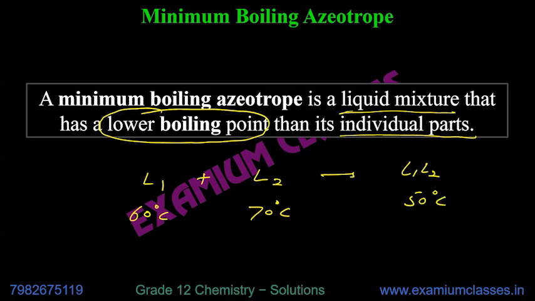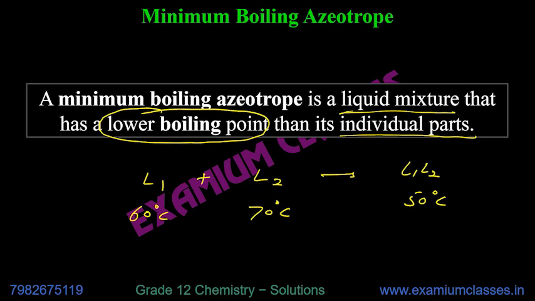So if after mixing, the boiling point goes down, is lower than the individual parts, then this type of azeotrope will be called a minimum boiling azeotrope. The perfect name could have been lower boiling azeotropes, because it is just lower than the individual components, but that is the name given to these types of azeotropes, minimum boiling azeotropes.